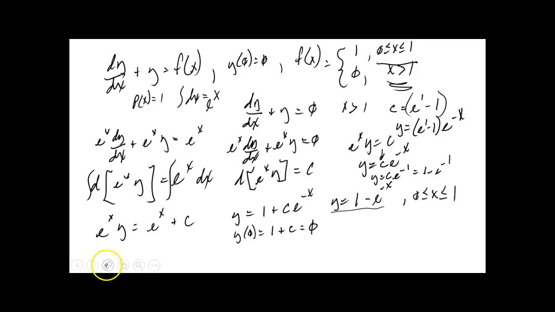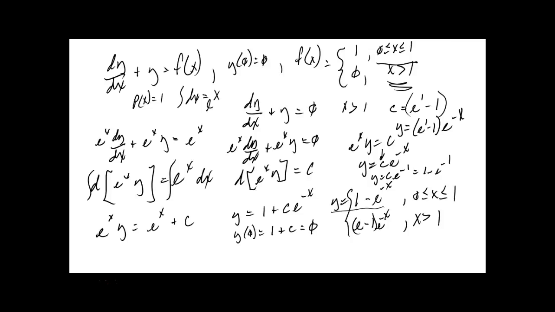So here we have y is equal to 1 minus e to the minus x anytime x is between 0 and 1. And it's equal to e minus 1 times e to the minus x anytime x is greater than 1. It's not defined for x less than 0. It wasn't in our original problem. It can't be now. So this gives you the solution they got. Okay.